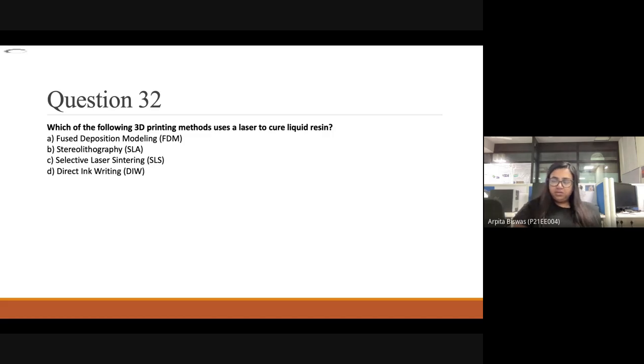So what is the right option here? The right option is option B, the SLA.